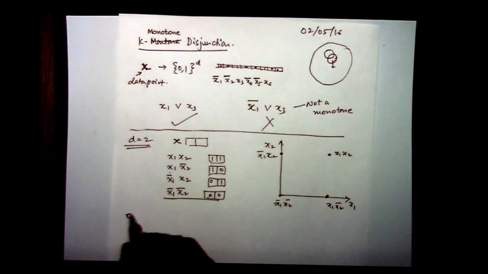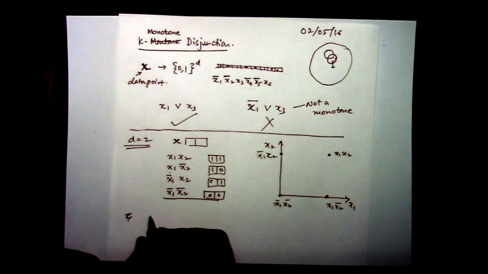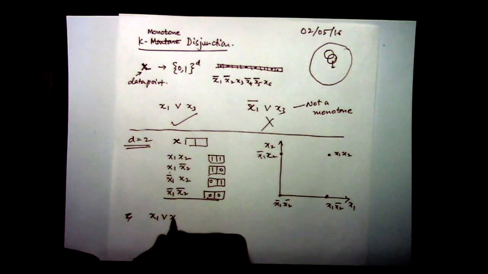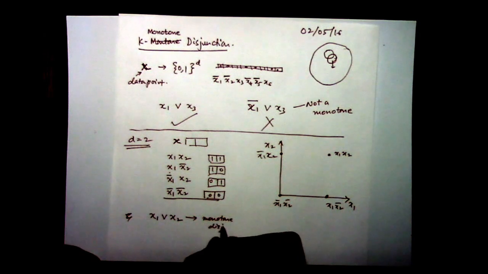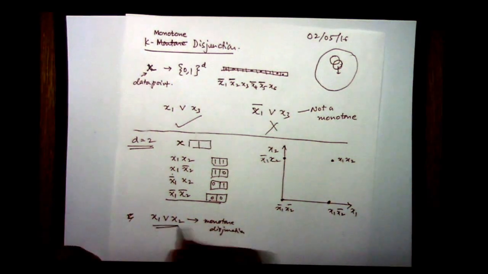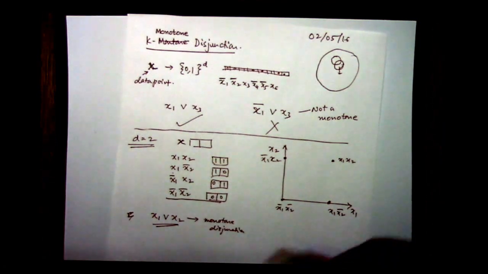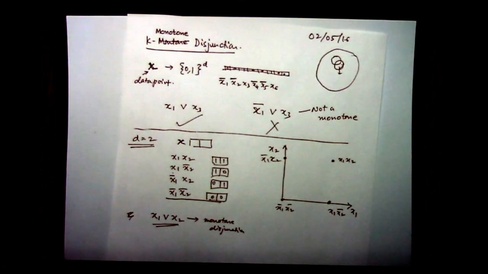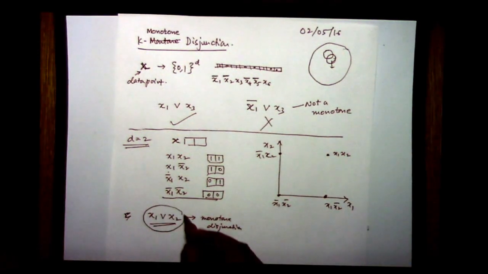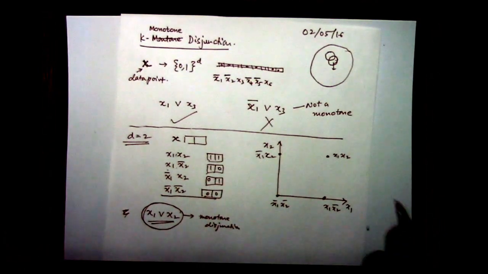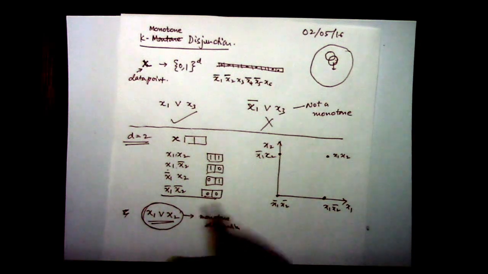So for example, one concept could be this, x1 or x2. This is a monotone disjunction. Let us first see which points out of these 4 it will call positive. Any ideas? Which examples out of these 4 will this concept label as positive? Right.